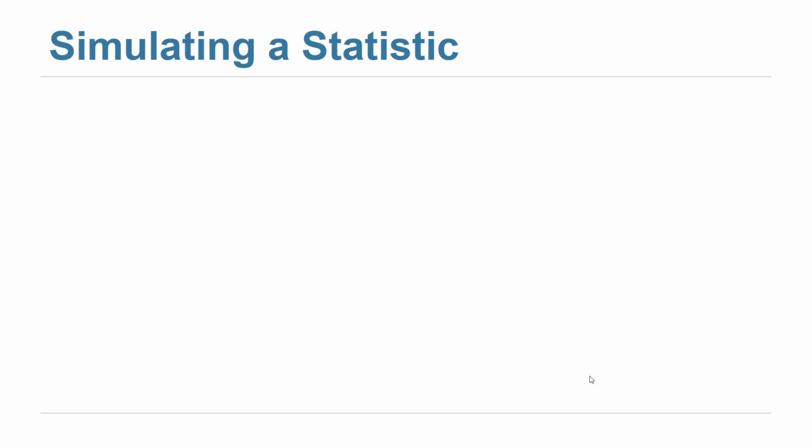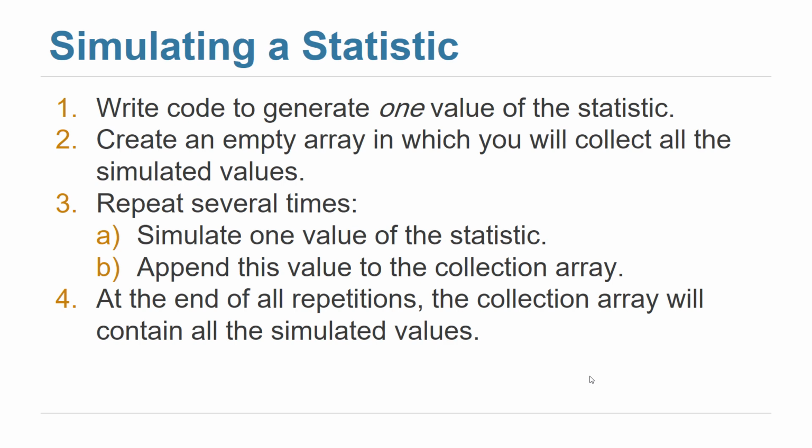Each time, we get a new sample and compute the statistic out of this sample. Now, after we get all the values from these repetitions, what should we do? We plot them, look at them, and make conclusions or decisions based on them. So that's the procedure. We figure out how to generate one value.